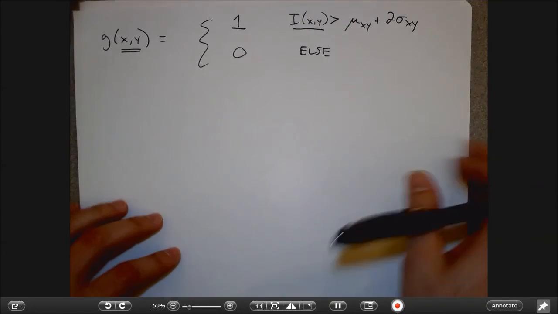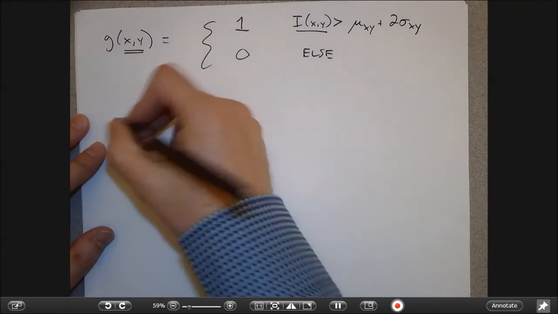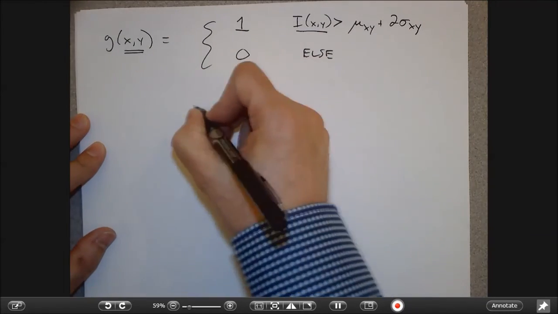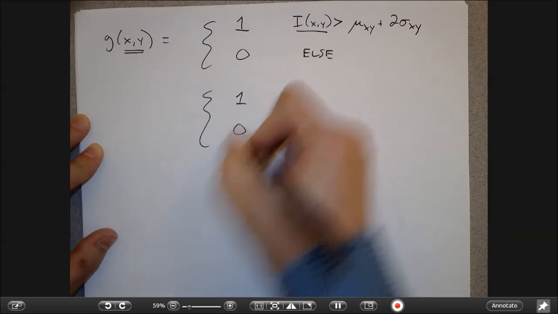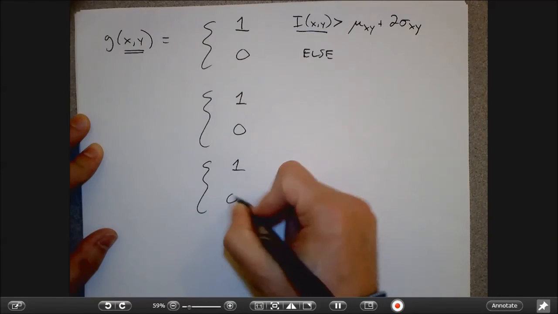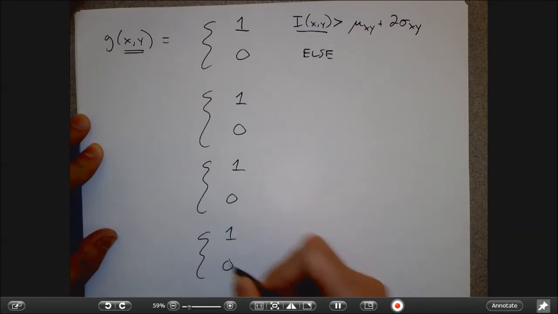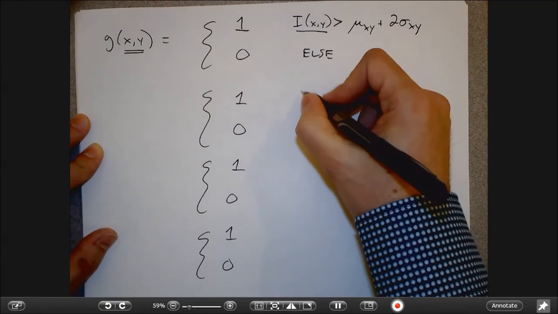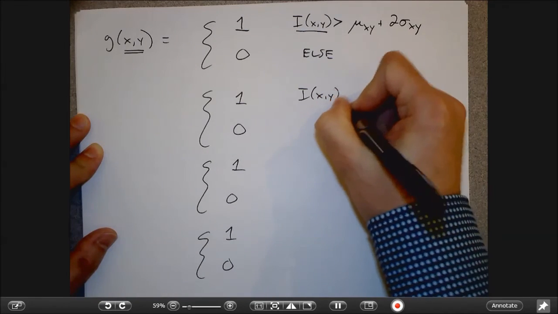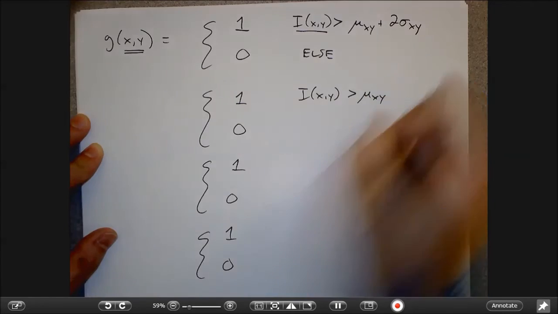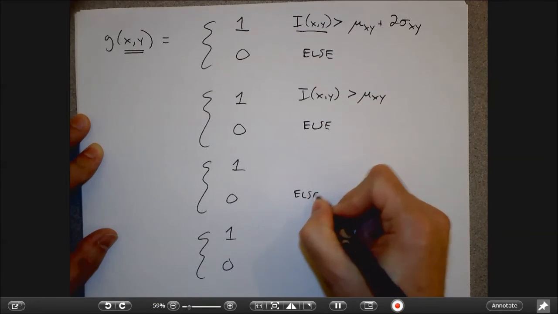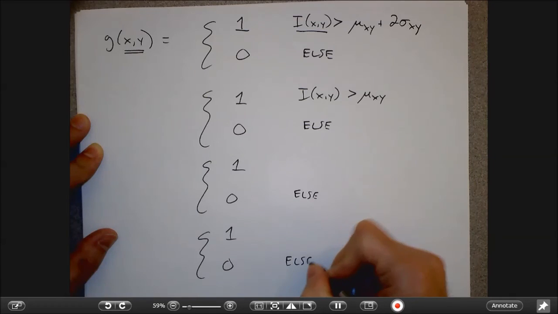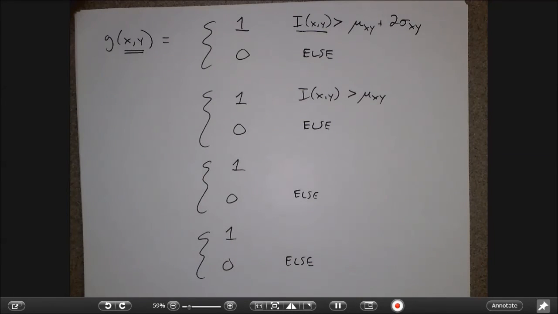Or I could say something like, lots of possibilities. I could just ask for just being greater than the mean, right? That would be kind of like a less stringent threshold.